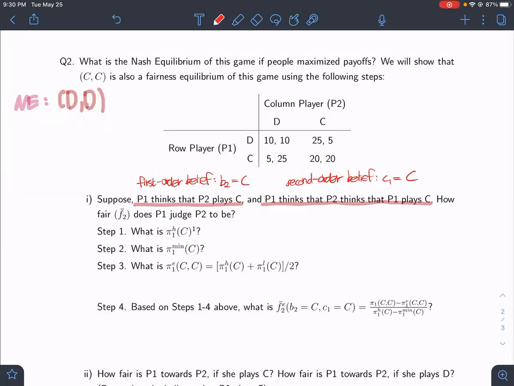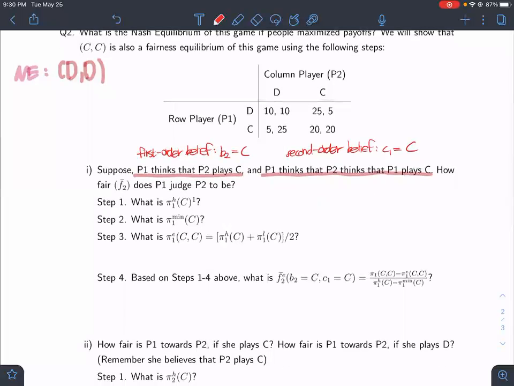And how fair does P1 judge P2 to be? So let's try to solve this question. So what is pi 1h? Suppose that we fix the column here. Okay. So we are thinking about how fair P2 is. Oh, I'm sorry. So we need to fix here.